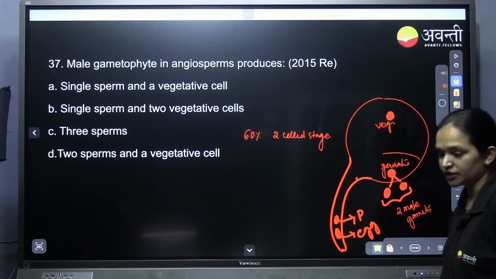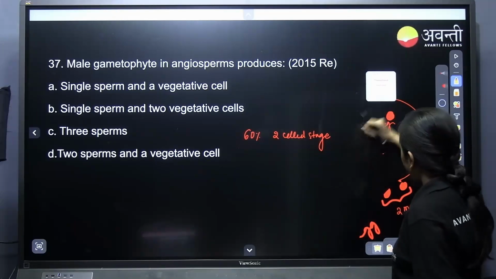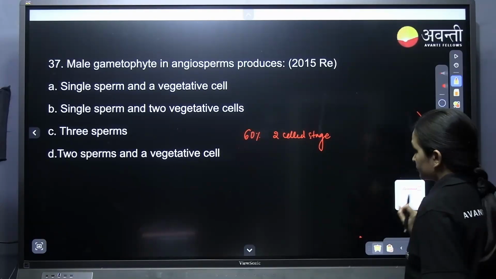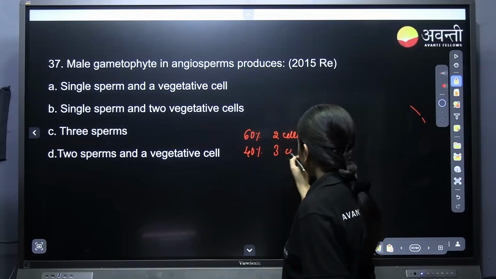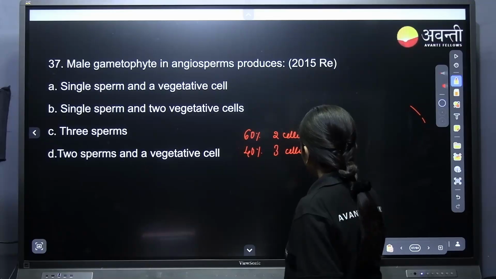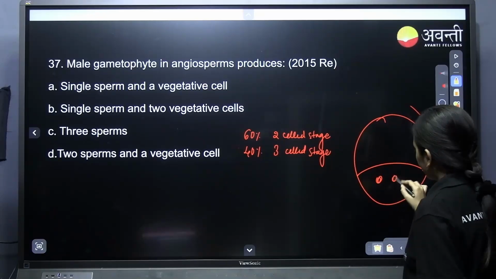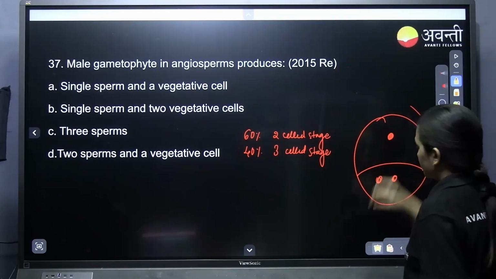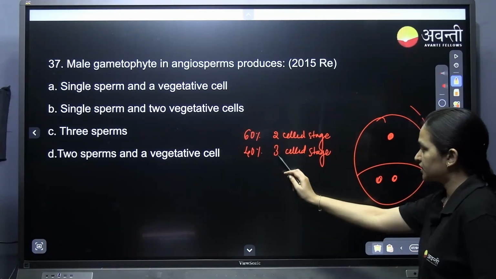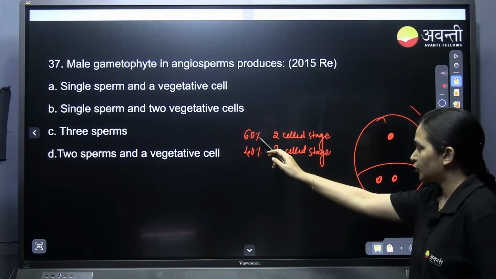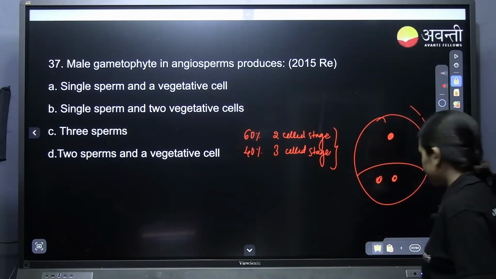So 2 sperms and 1 vegetative cell. Understood? And the other 40% is released in the 3-cell stage. That is, before releasing, the generative cell has already undergone mitosis. So 40% is released in the 3-cell stage, and 60%, most of the plants, release pollen grains in the 2-cell stage. Understood? This is the factual information.